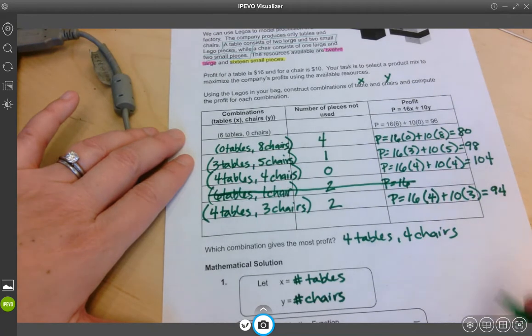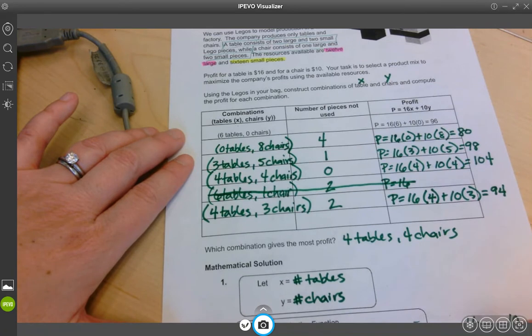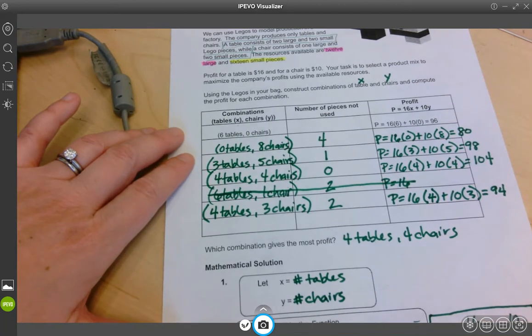And the profit in this case was $16 times the number of tables plus $10 times the number of chairs. So that's called our objective function. That one's not graphed. But we're going to turn the page and we're going to find the inequalities, and those will be graphed.